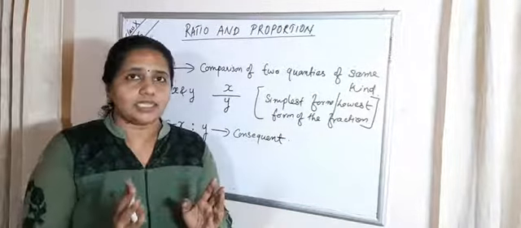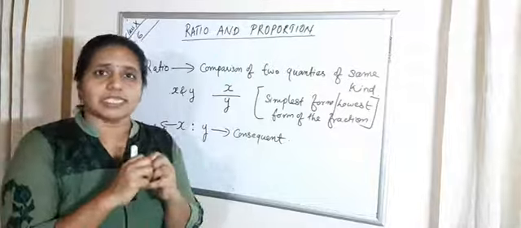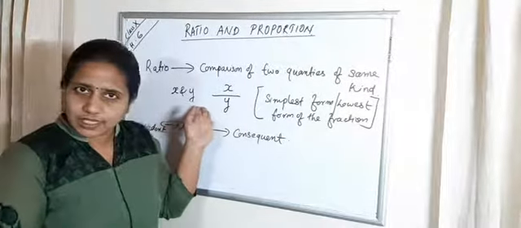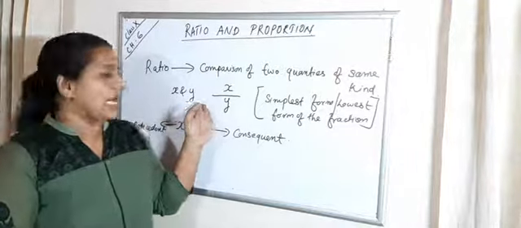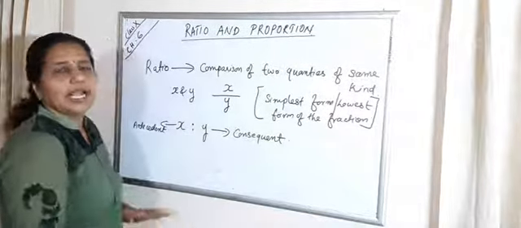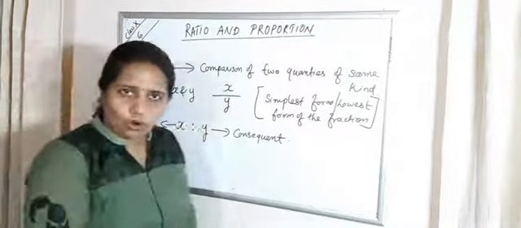So the things you have to remember: ratio means it is the comparison of two quantities, and it is the lowest term of a fraction, and we can denote a ratio as x is to y, where x is called antecedent and y is called consequent.